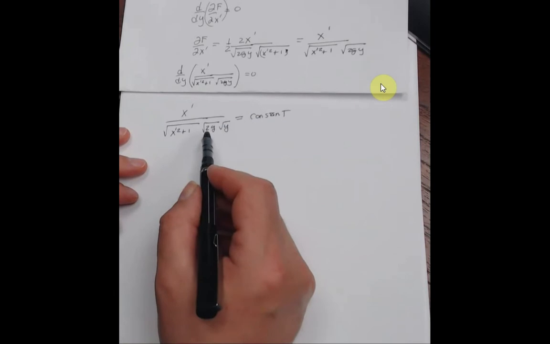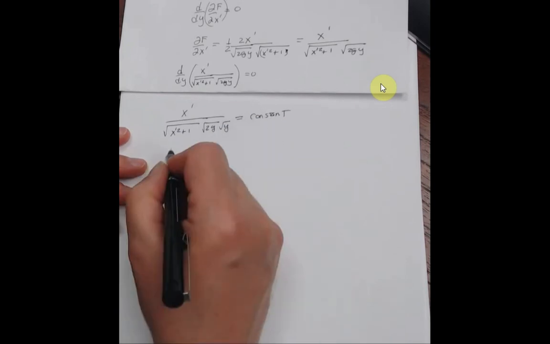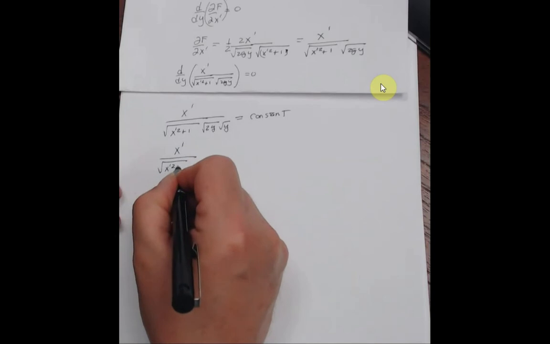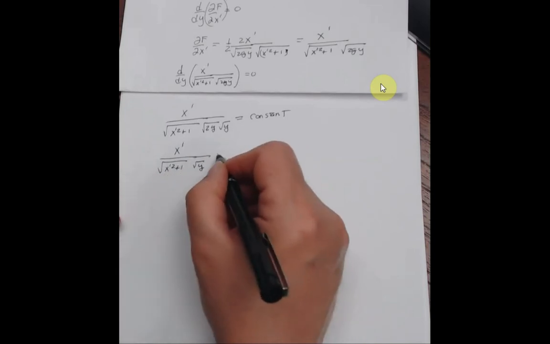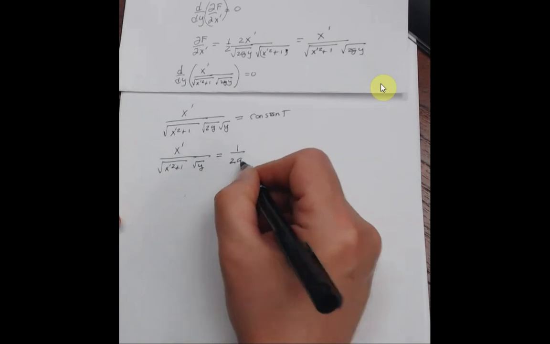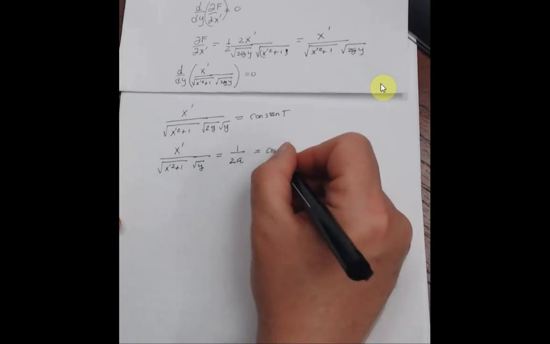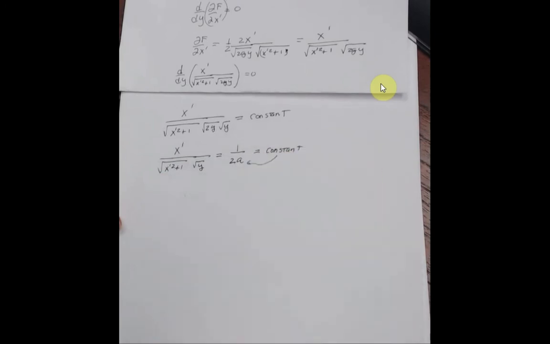I don't want a bunch of constants roaming around here, so I'm going to merge that in with that constant. So what I'm going to have is this. And this is a constant, and I'm going to call that constant 1 over 2a because your book does so. Okay, so a is a constant too.